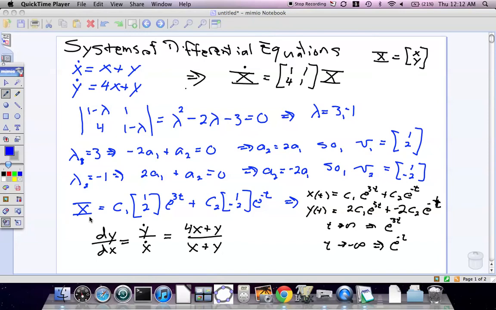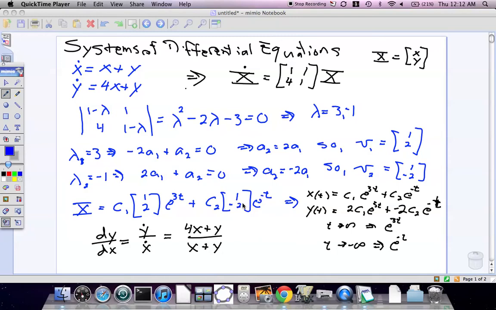So the vector solution here would be some constant c1 times the eigenvector 1, 2 times e to the 3t, 3 being the eigenvalue that led to that eigenvector. Similarly, add that on to c2 times the eigenvector 1, negative 2 times e to the negative t, negative 1 being the eigenvalue that led to that eigenvector.